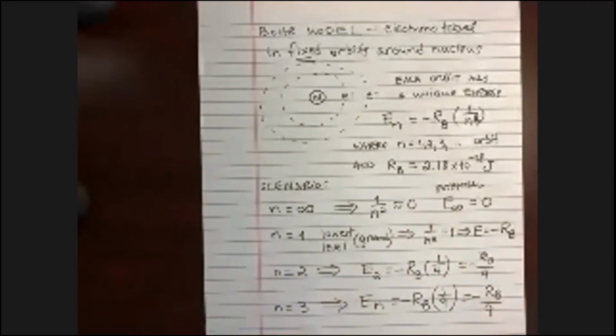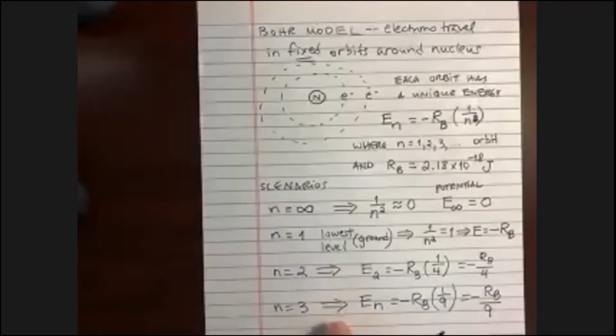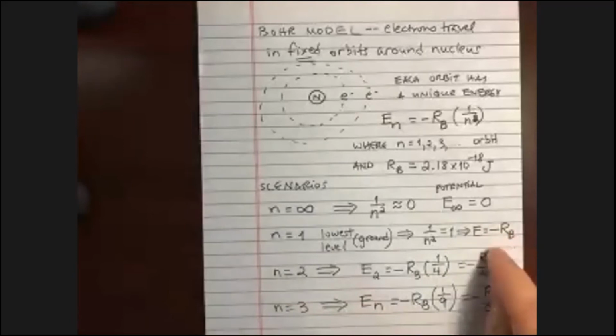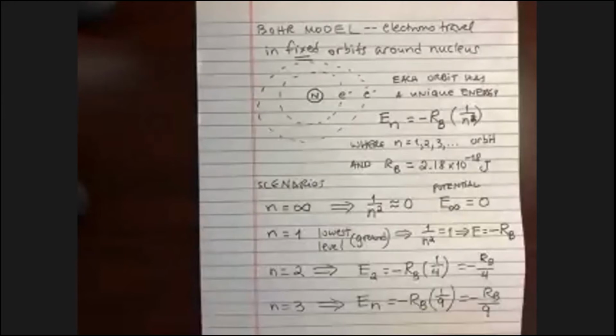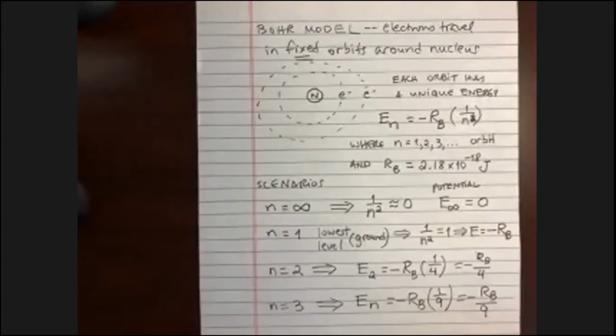So if you look at these numbers, let's say that we're counting in units of this constant R sub B. What you see is that you are moving on a scale of negative values. Remember that for potential energy, negative is good. The more negative a value is, the less work would have to be done in order to move it in a favorable direction, toward a natural attraction force.